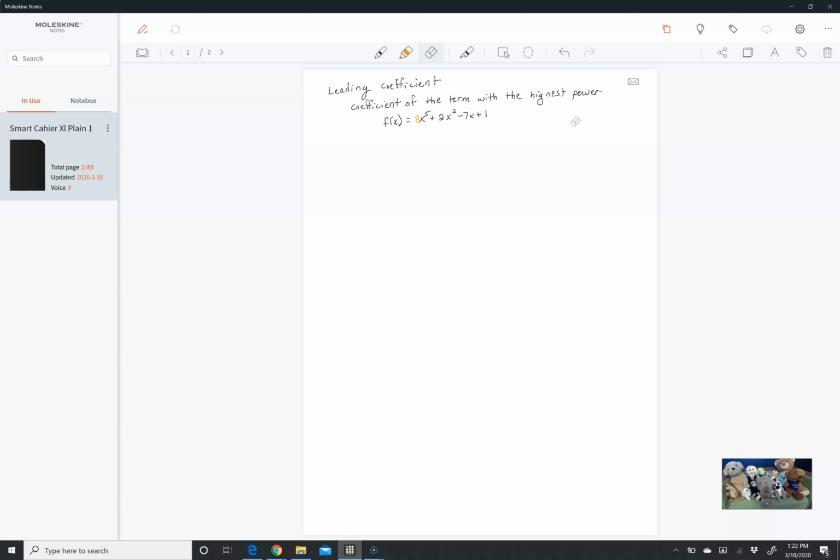So this 3, this is the leading coefficient. And I'm going to abbreviate leading coefficient as LC from here on out.